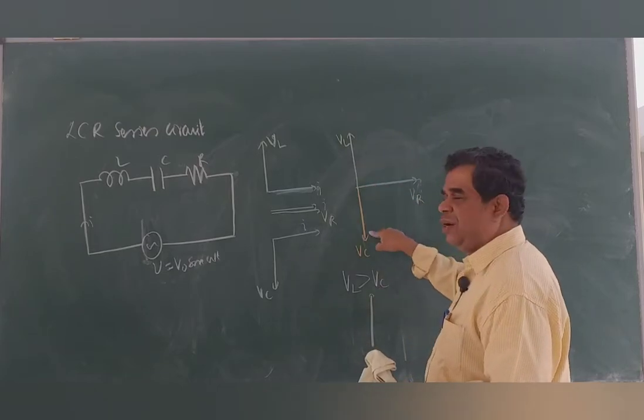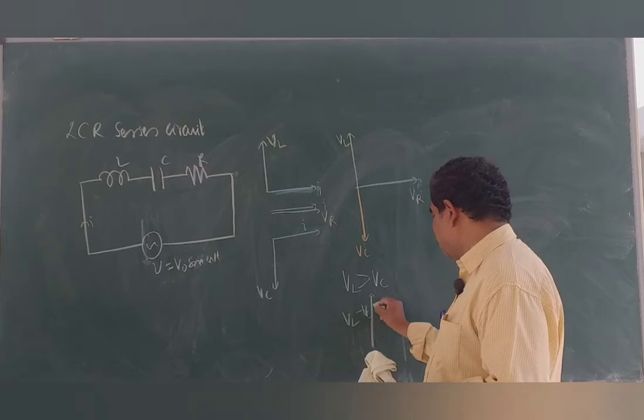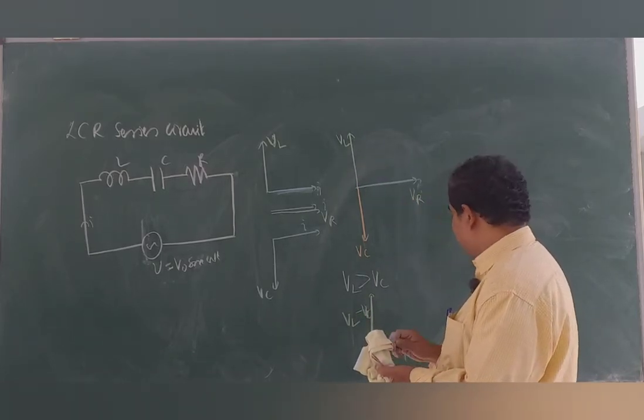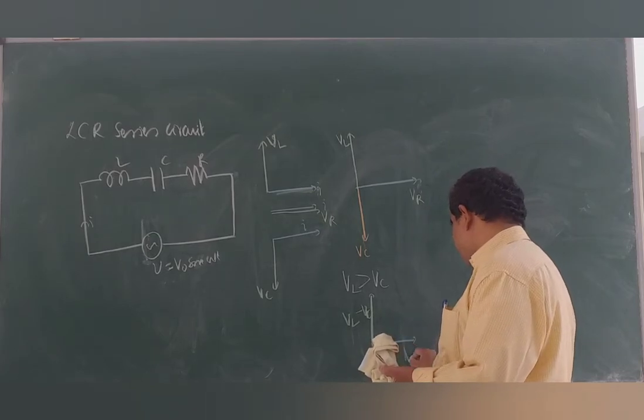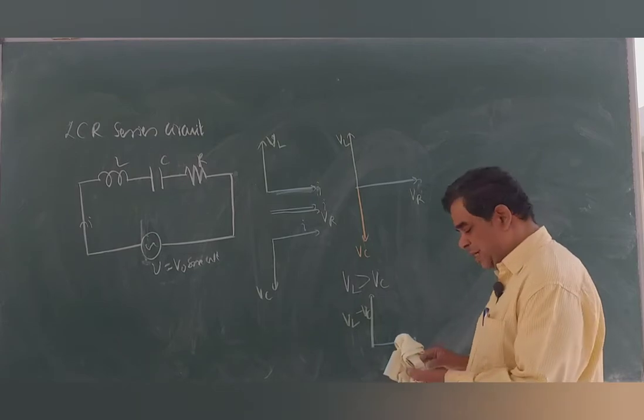VL and VC are in opposite direction. So their resultant, VL minus VC, is in the direction of VL. And the VR is this way. So now we have only two vectors, VL minus VC and VR.